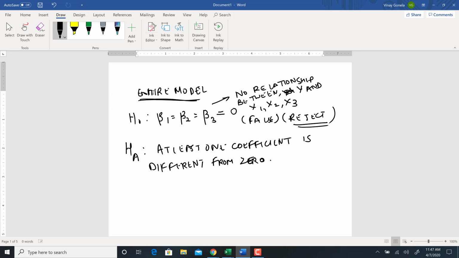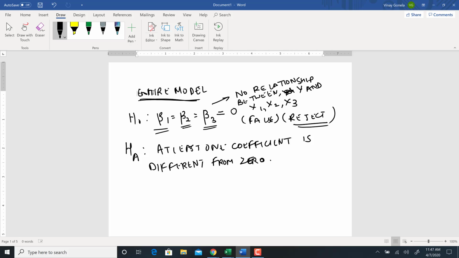What this means is, if one of the coefficients is different from 0, then we have at least one independent variable that is helping us to get the value of y.